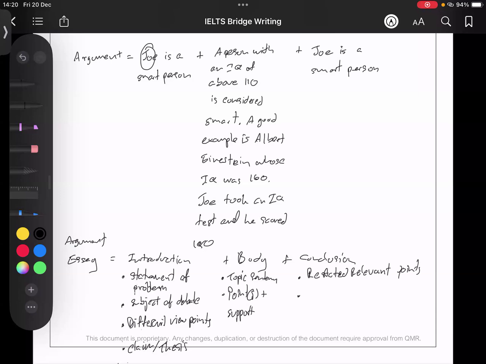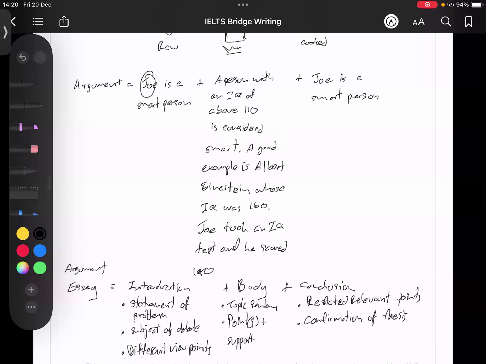Okay, you will have restated relevant points, and you will also have confirmation of thesis. Okay, so basically these are the things you have to do to write conclusion. All right, so that's it.